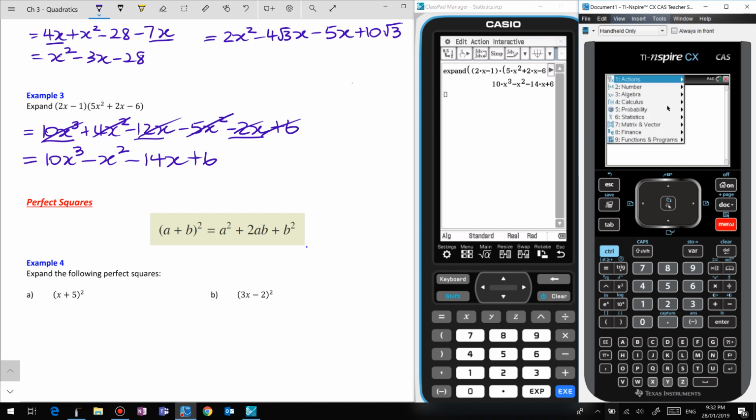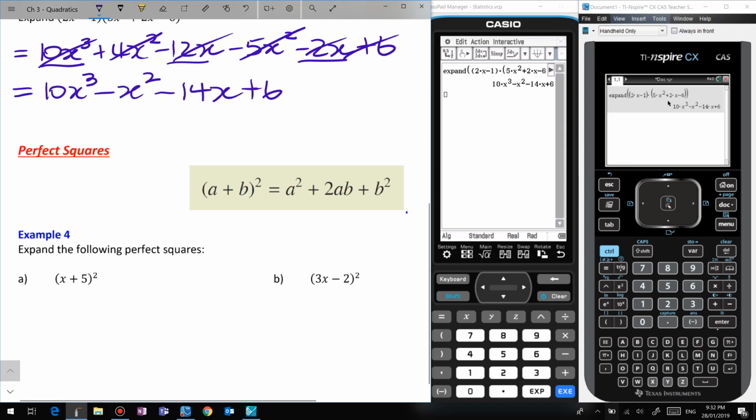So you go menu, don't move up and down the numbers, just choose 3 for algebra and then 2 for expand, and then put in 2x minus 1, close bracket, open bracket, 5x squared plus 2x minus 6. Hit enter. 10x cubed minus x squared minus 14x plus 6. So that's how you expand.